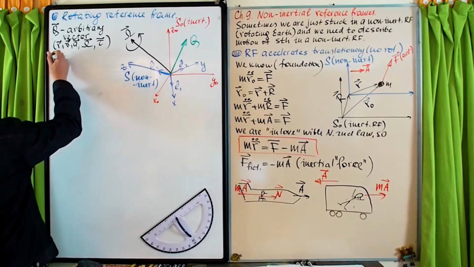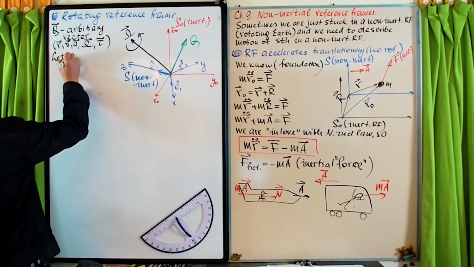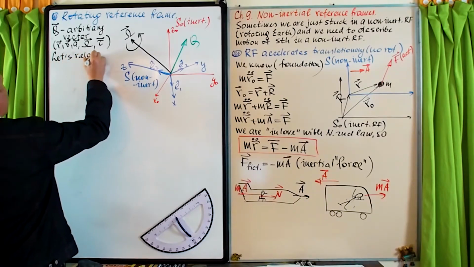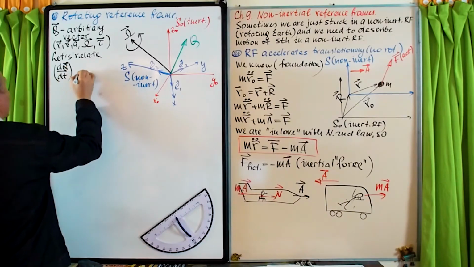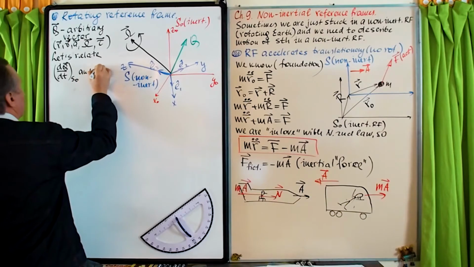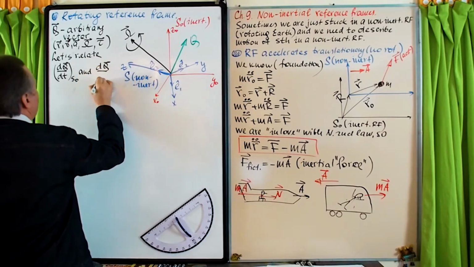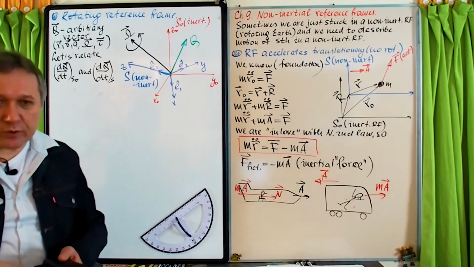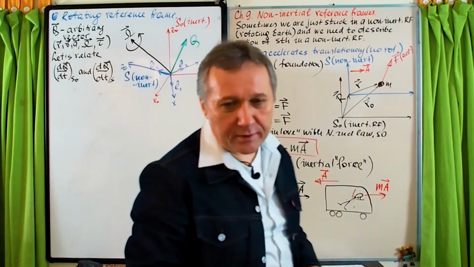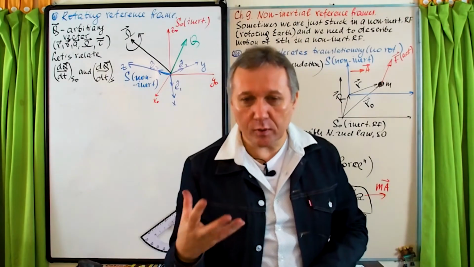Let's relate dq over dt in S naught and dq over dt in S. You can see the reason why I'm trying to find these time derivatives. What's our goal?